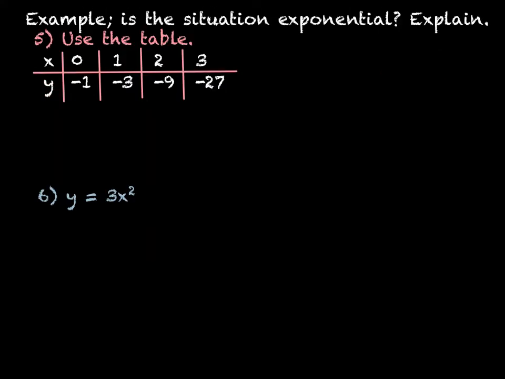In these next examples, we want to tell if the situation is going to be exponential or not exponential, and then explain why. So in this first example, we want to note that each of the x values are increasing by 1.